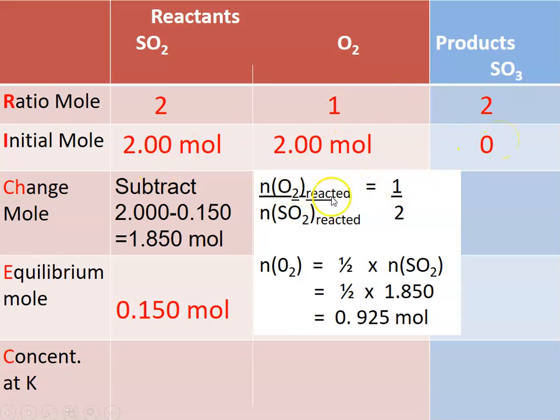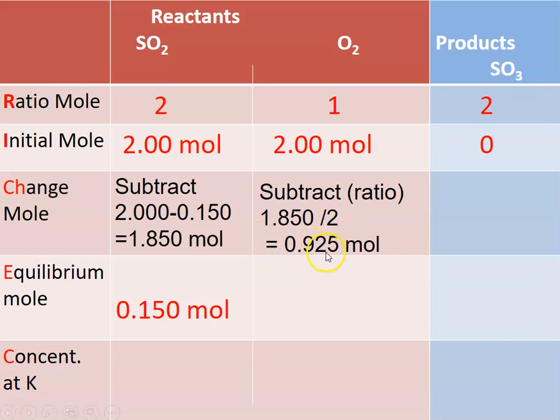It's a 1 to 2 relationship. In the textbook they would have just halved this number. So we can see that that's what we're doing, with our mole ratio: what you want, what you've got, and how they go together. So it's half of this, which gives you 0.925 moles of that has reacted to form sulfur trioxide.